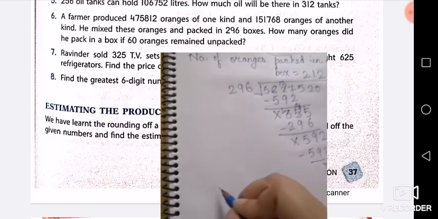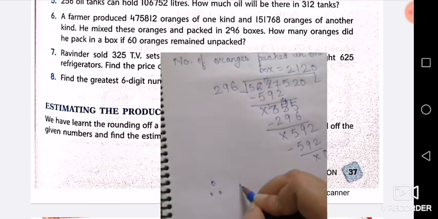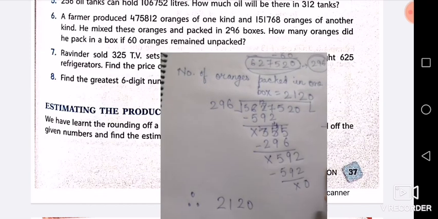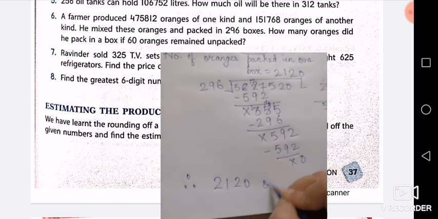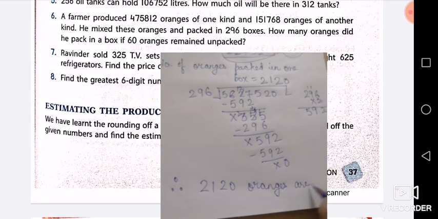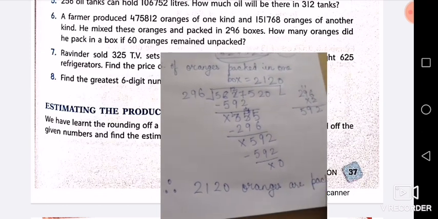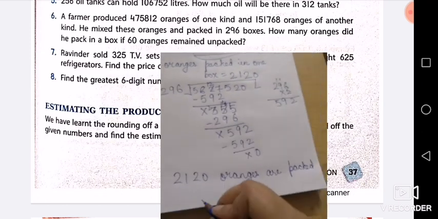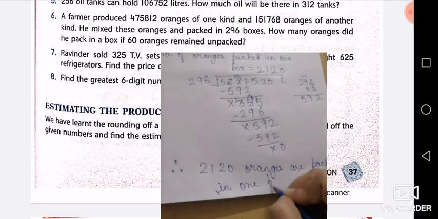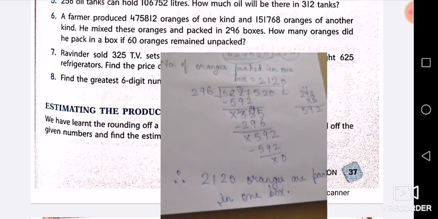So here you will write at last, therefore 2120 oranges are packed in one box. So that only you have to find out.